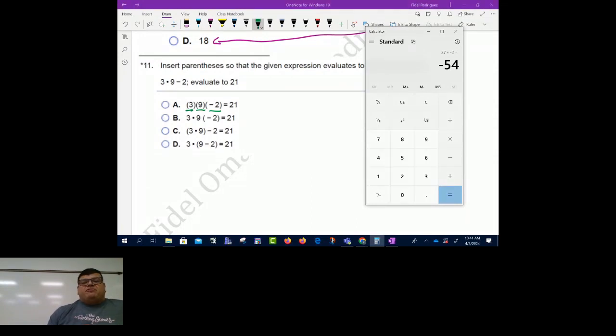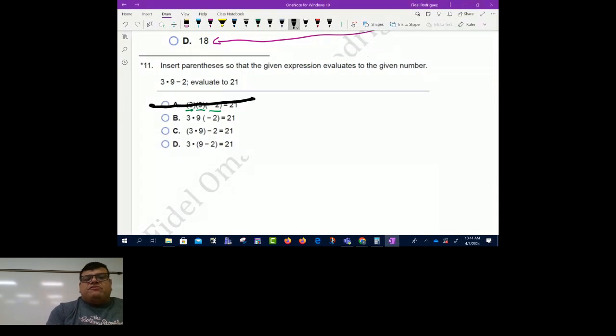No, it doesn't, right? It gives me negative 54. So I know it's not choice A. Choice A and choice B are really the same choice because everything is still being multiplied, so I know it's not choice B.